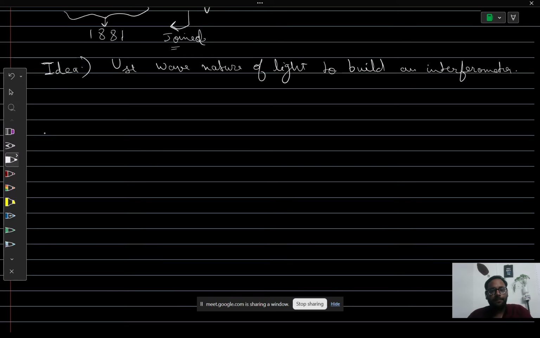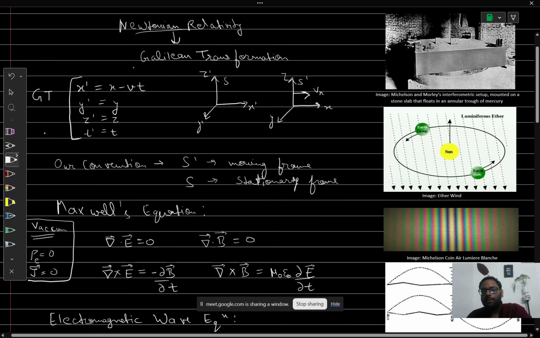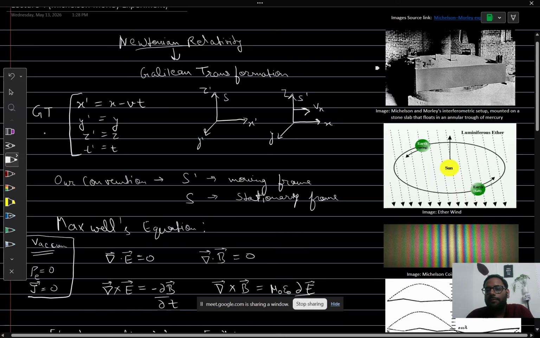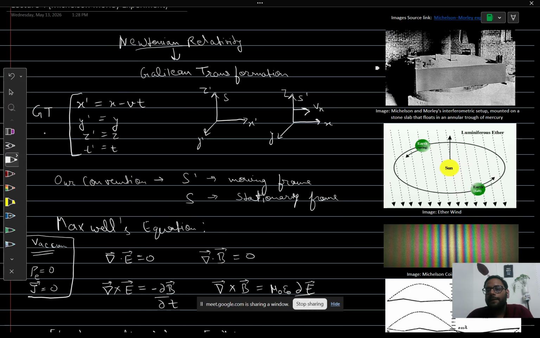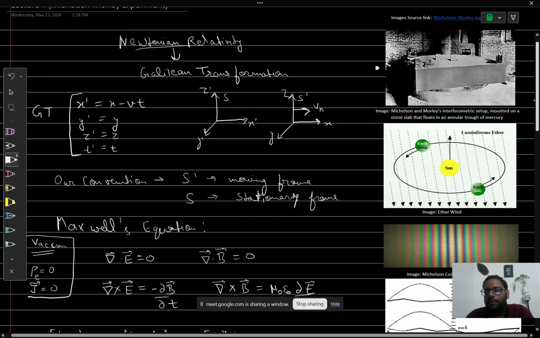You see here above the original setup of the Michelson-Morley interferometer. It is mounted on a stone slab, this one here, and it is floating on an annular trough of mercury, some kind of channel. The mercury is in liquid form and the apparatus floats over it to reduce friction during rotation.